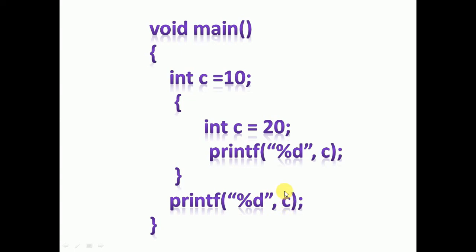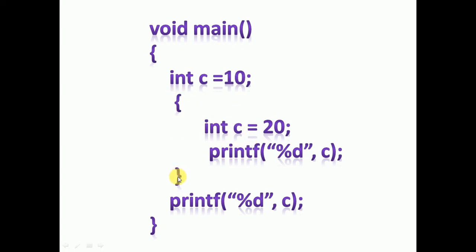But now a question will strike you: if this int c can be accessed till here, then why is this printf not printing 10? Now remember, the priority concept is also taken into consideration. If there are two variables of the same name, the priority is given to the local variable.